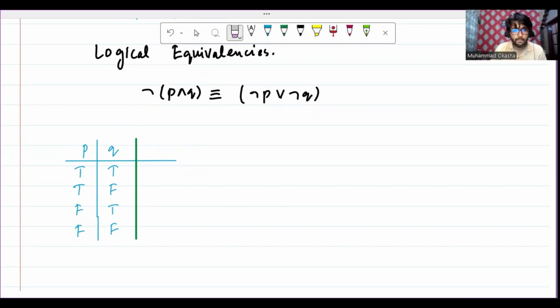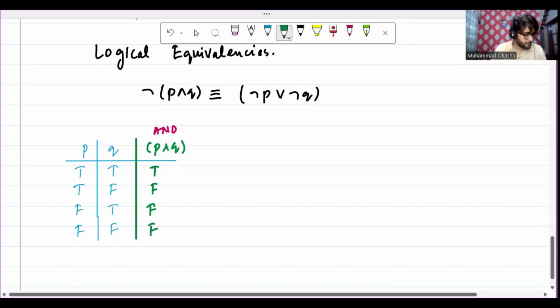Okay, first I'll do P conjunction Q, right? So P conjunction Q, conjunction means and, I hope you remember that, and means both of them have to be true for the result to be true. So true, true, true. The rest of them are going to be false because they're not both true. Now I have to negate it, right?